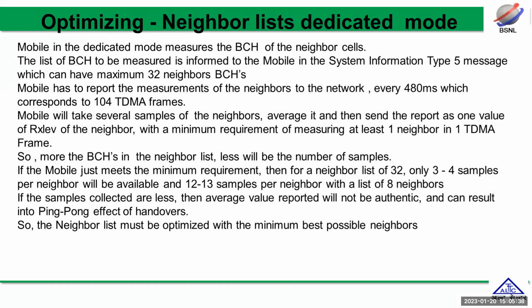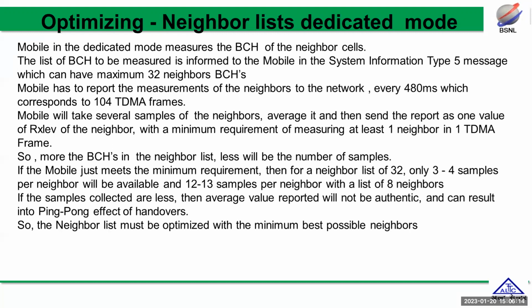So, optimizing the neighbor list. In the dedicated mode, we are defining more and more neighbors in the source cell. There is a problem in defining more cells, because the mobile in dedicated mode measures the BCCH of the neighbor cells, and the list of broadcast channels to be measured is informed to the mobile in the system information type 5 message, which can have a maximum of 32 neighbor BCCHs.